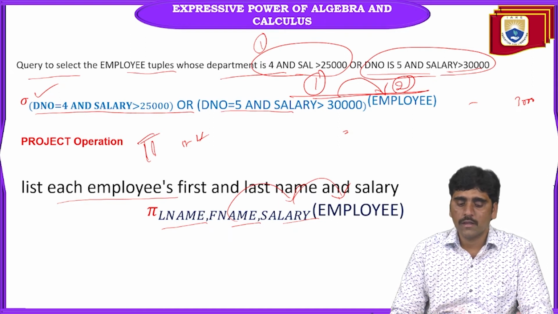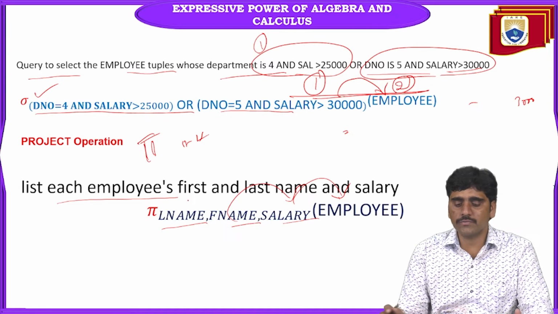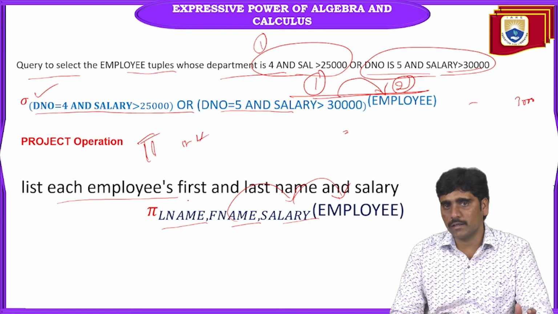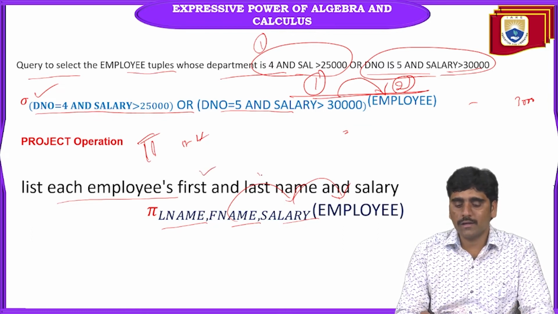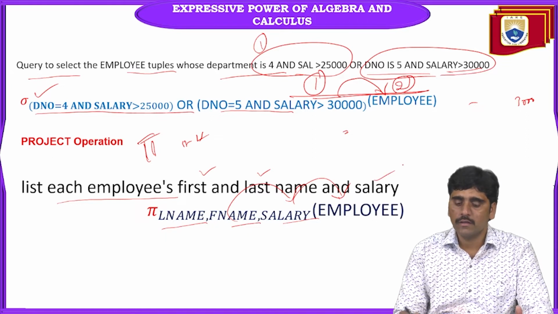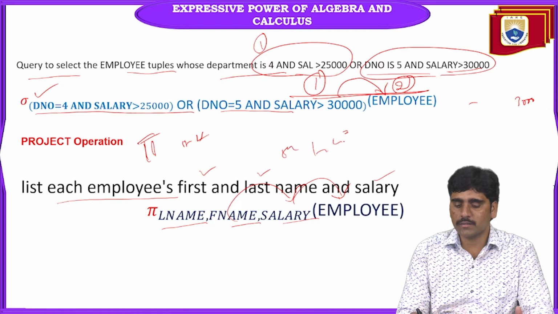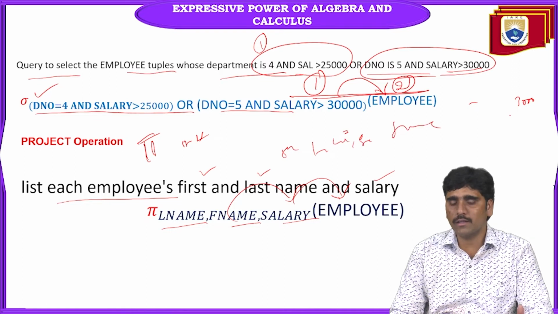So now the query is: list each employee's first and last name and salary. I just want to display each employee's first and last name and salary. Generally, how can I write? Select first name, comma, last name, comma, salary from employee. This is what we write in the normal procedural query.